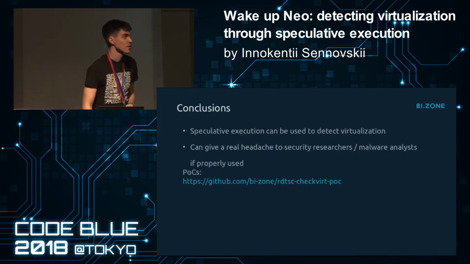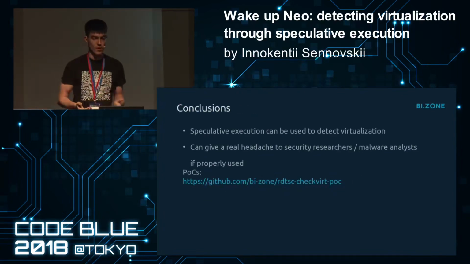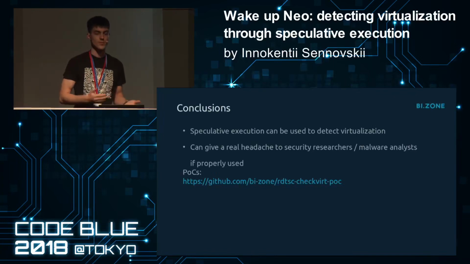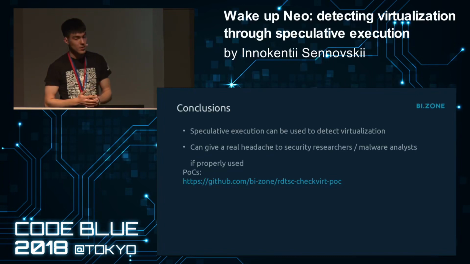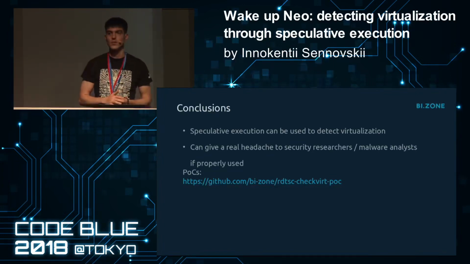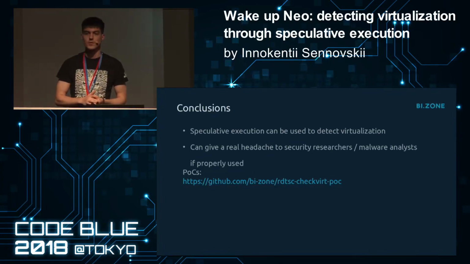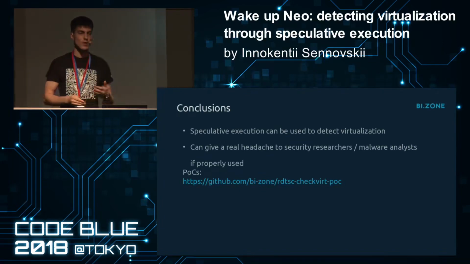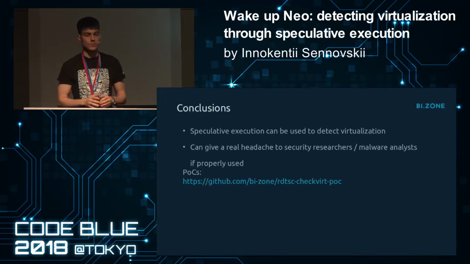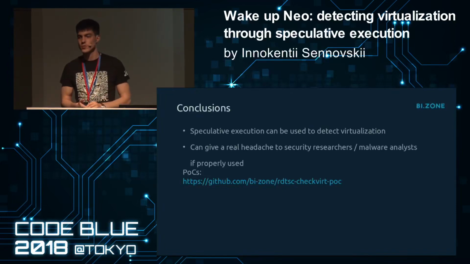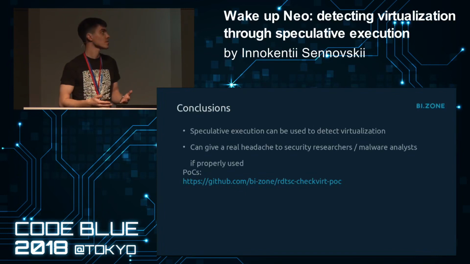So the conclusions are obviously, speculative execution can be used to detect virtualization. It can also be a great headache for researchers and reverse engineers, since there would be a lot of problems and it would be quite hard to analyze, as speculative execution can't be debugged.